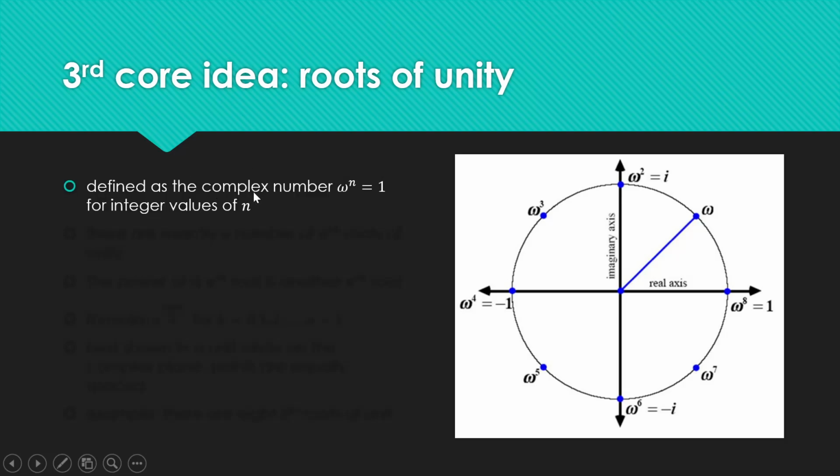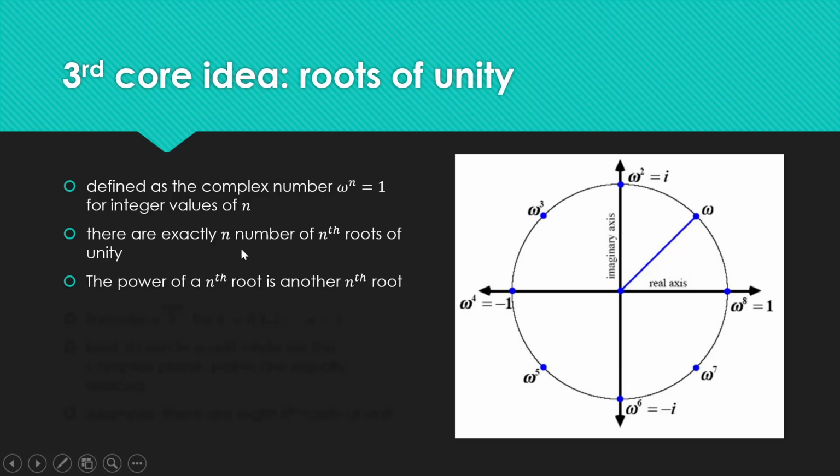This is defined as the complex number omega, such that omega raised to n equals 1 for integer values of n. There are exactly n nth roots of unity. The power of an nth root is another nth root. And this is the formula that gives the nth roots for a given n.